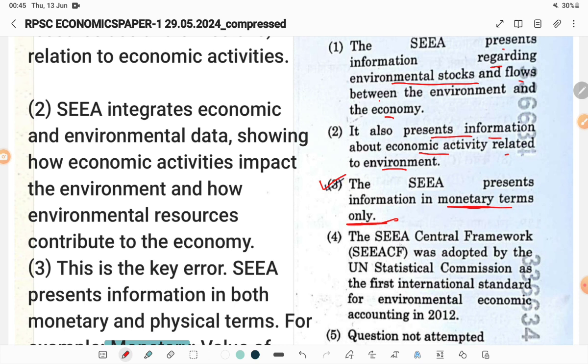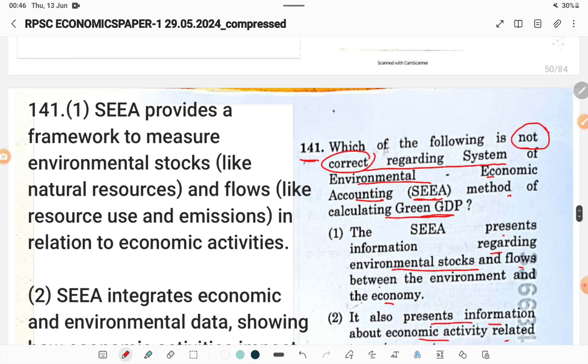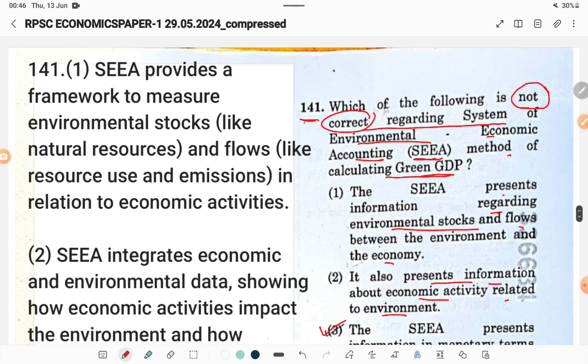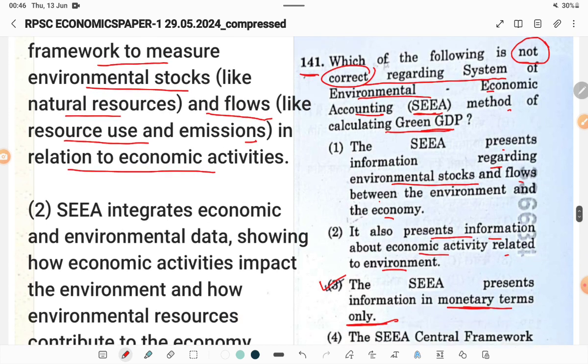And the fourth one, the SEEA central framework was adopted by the United Nations Statistical Commission as the first international standard for environmental economic accounting in 2012. This is also a right statement here. So the SEEA provides a framework to measure environmental stocks, like natural resources, and flows, like resource use and emissions, in relation to economic activities.